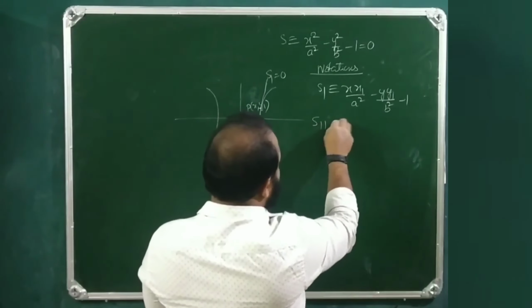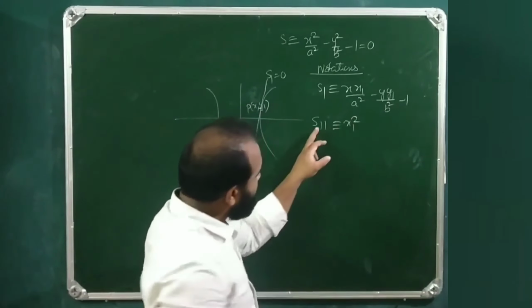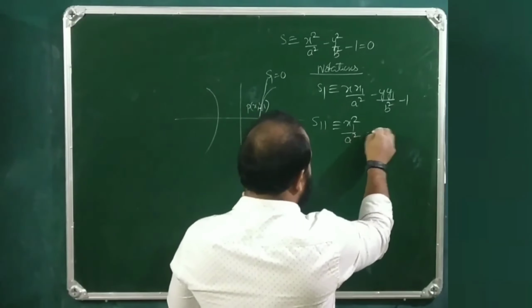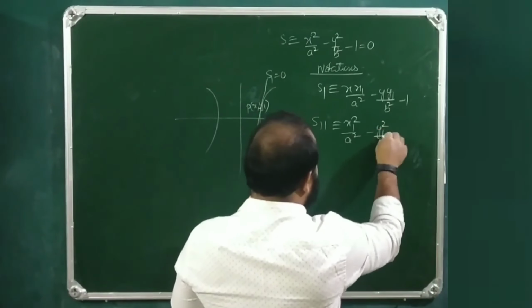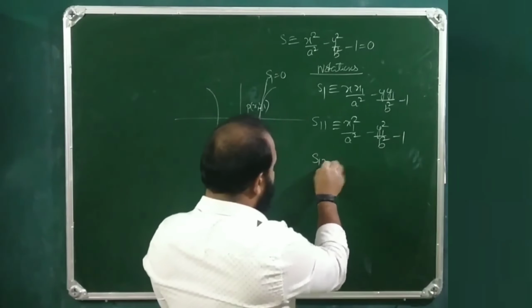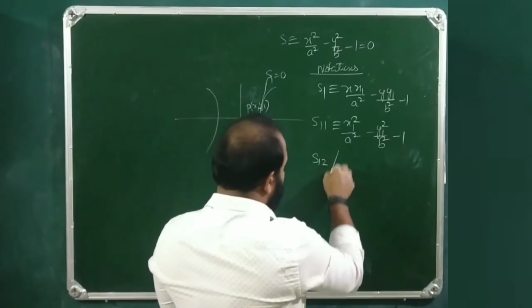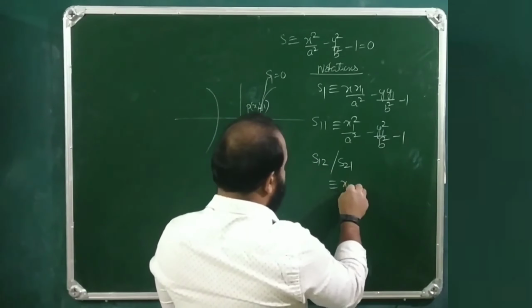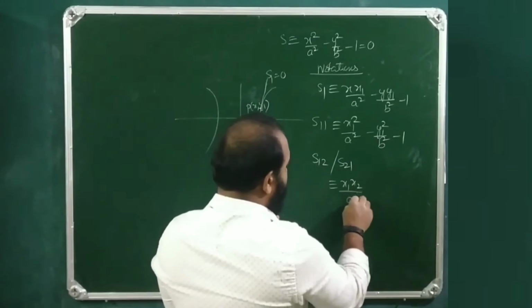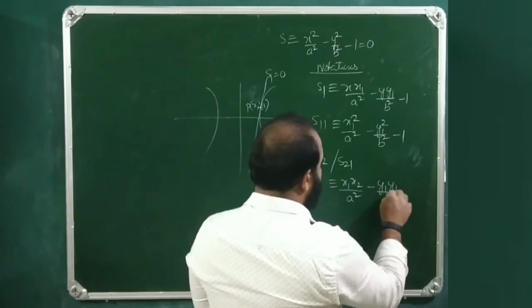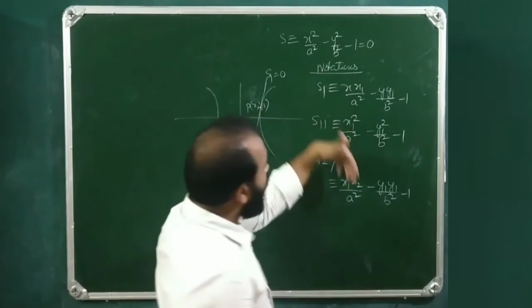S11 is simply substituting the point x1, y1 in this, so x1 square by a square minus y1 square by b square minus 1. S12 or S21, both are equal. So this is x1x2 by a square minus y1y2 by b square minus 1. So these are all the notations.